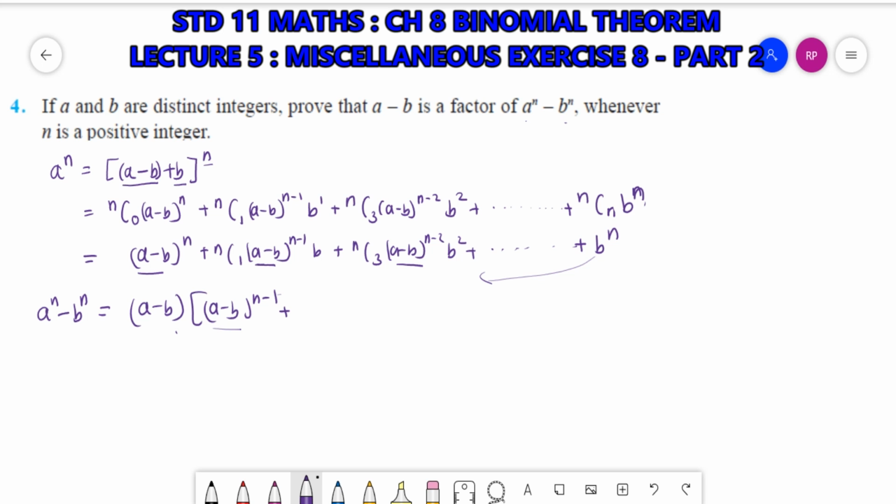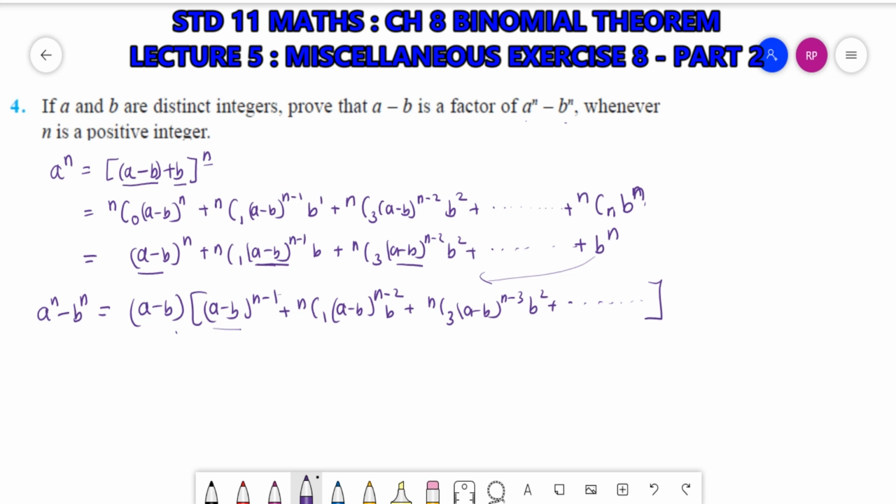Plus here remove one a minus b from this, so n minus 1 minus 1, n minus 2, nC1, a minus b raised to n minus 2, plus similarly nC2, a minus b raised to n minus 2 minus 1, n minus 3, b square, and so on. So from every term I can take a minus b common.